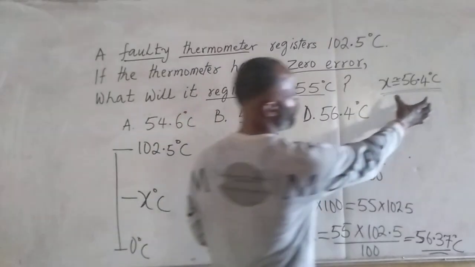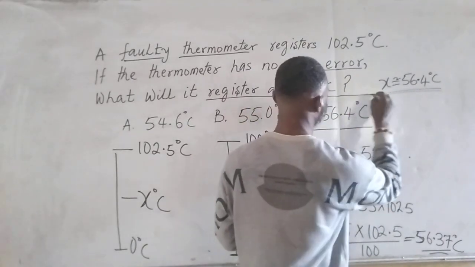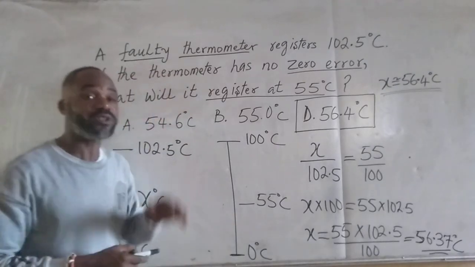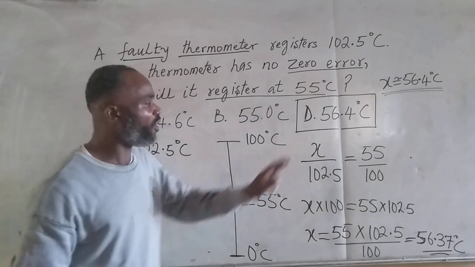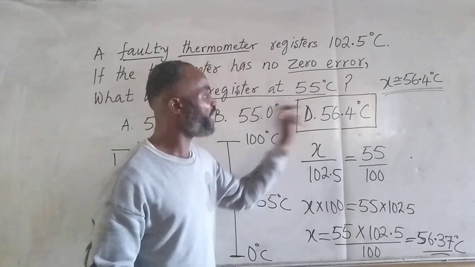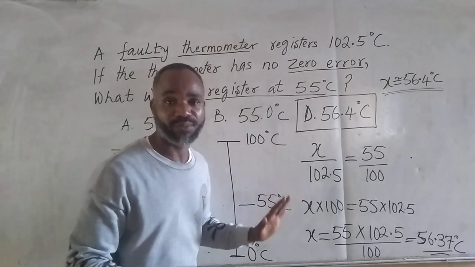That is exactly what we have here. Therefore, option D is the correct option. The faulty thermometer will read 56.4 degrees Celsius when it registers this. That's what it means. Very simple.